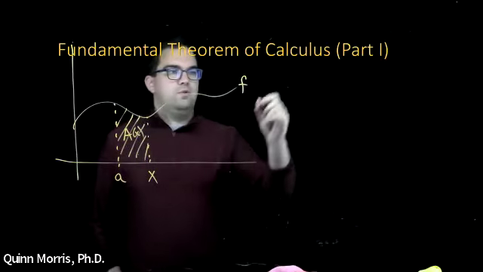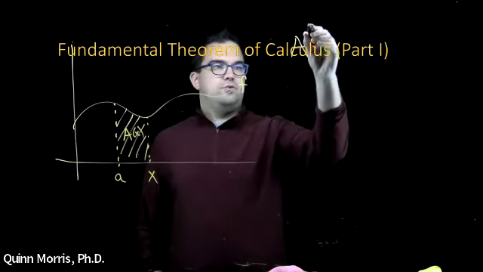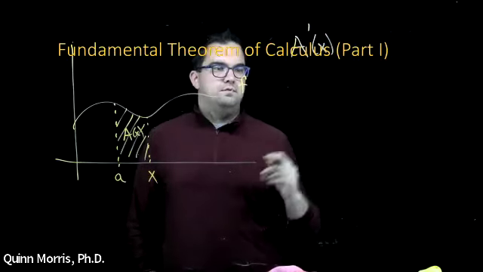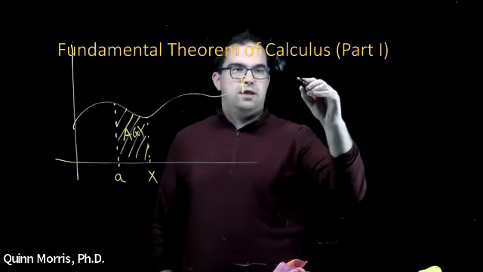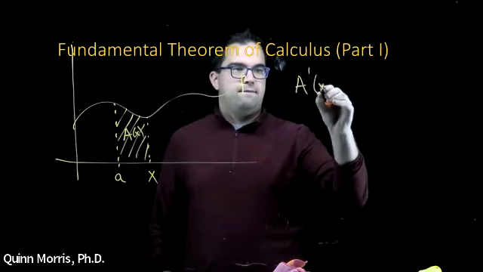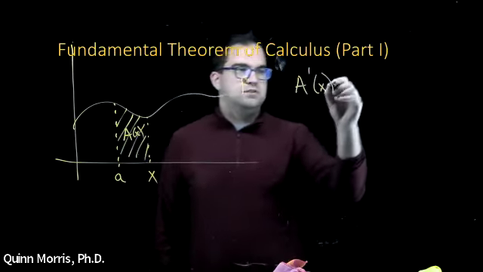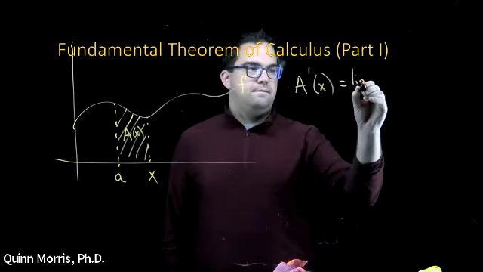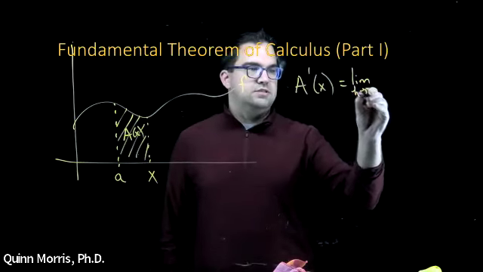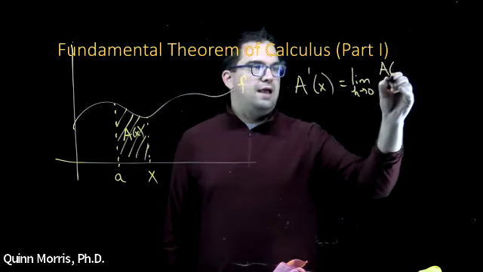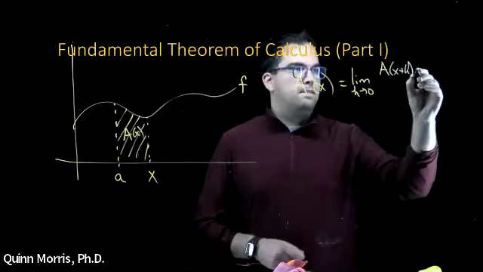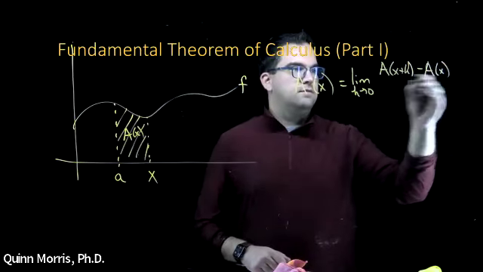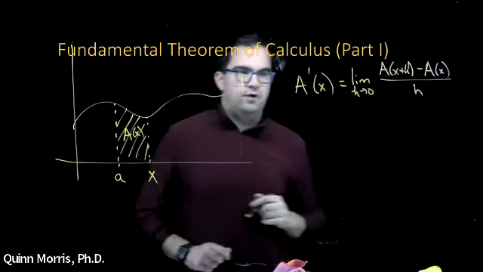Okay. Now, if we want to understand the derivative of A, then thinking back to calculus 1, this should be the limit as h goes to 0 of A of x plus h minus A of x, all over h.